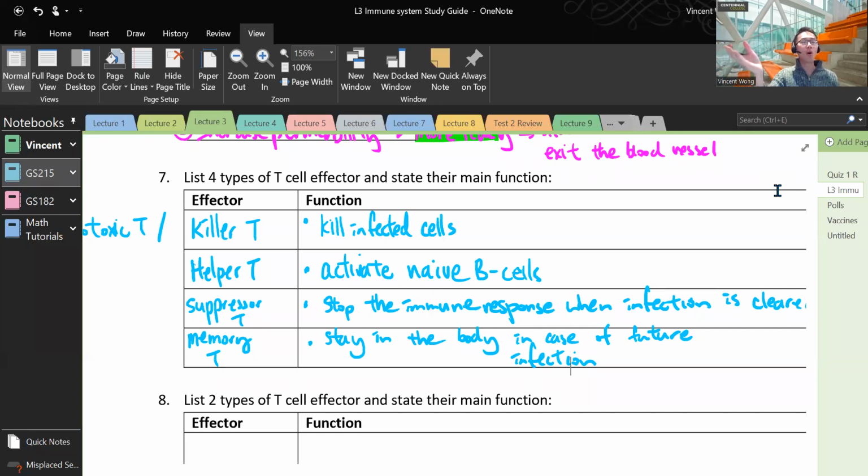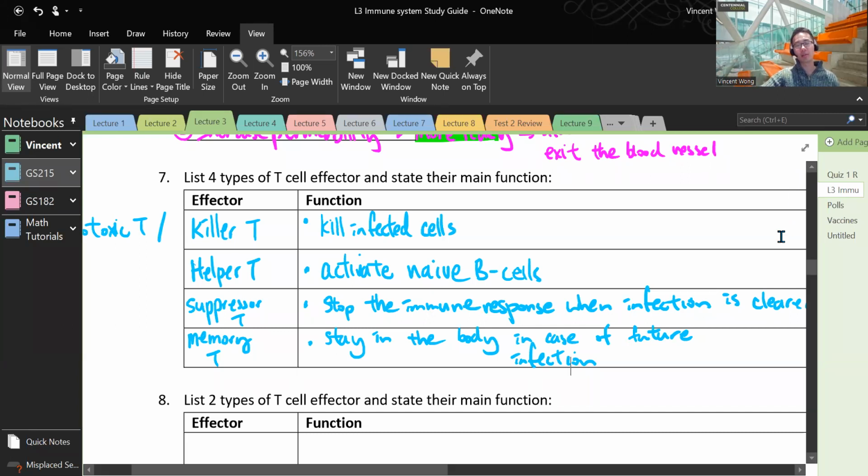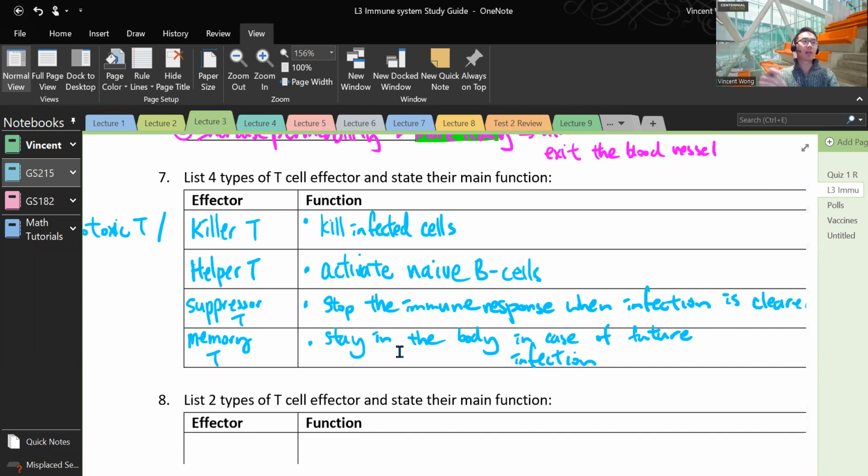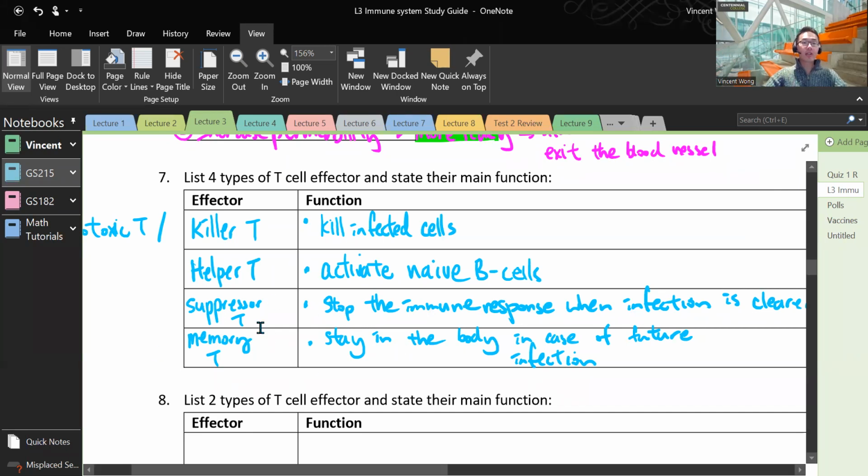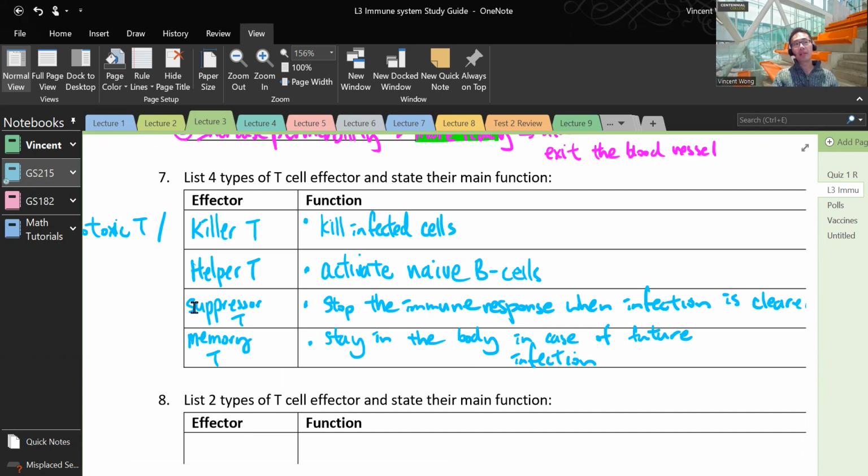You already know what T cells are needed to fight it off, and it could cause the duration of your infection to be much shorter. And the creation of memory T cells is what creates lifelong protection against some diseases. So you only get chickenpox once, for example.